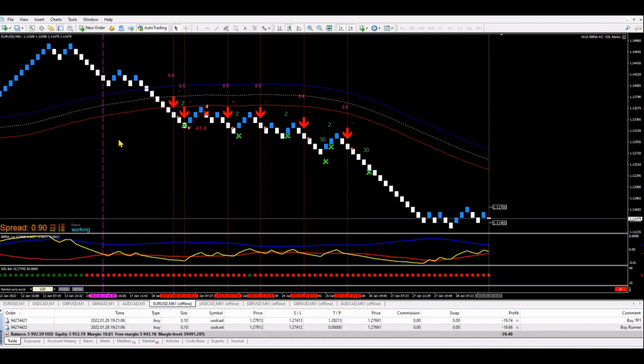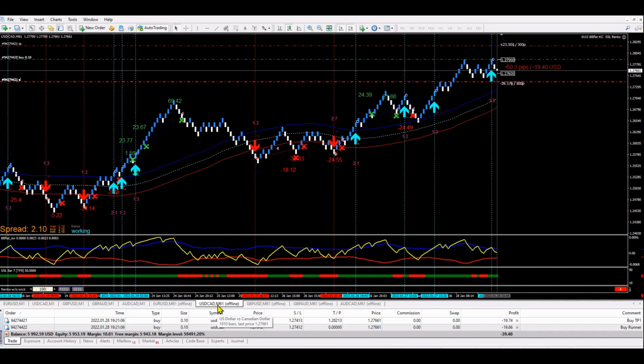So here's just an overview. Here's my Euro USD. See that I had a couple of break-even ones and another one there. Let's take a quick look at USD CAD. That's the one that's actually open currently. Now I wanted you to see there's a lot of trades on this one. And it looked like for this particular pair, my long trades were very successful, but for some reason my short trades were not.